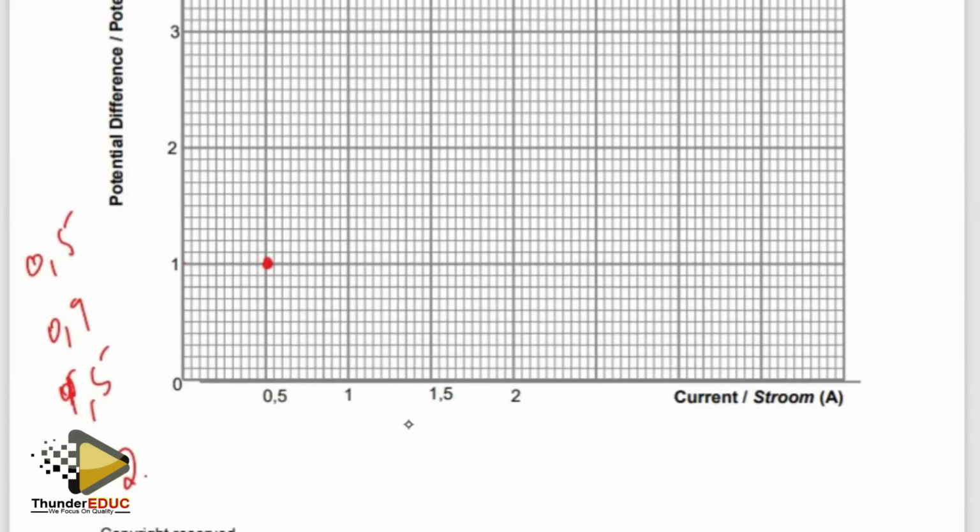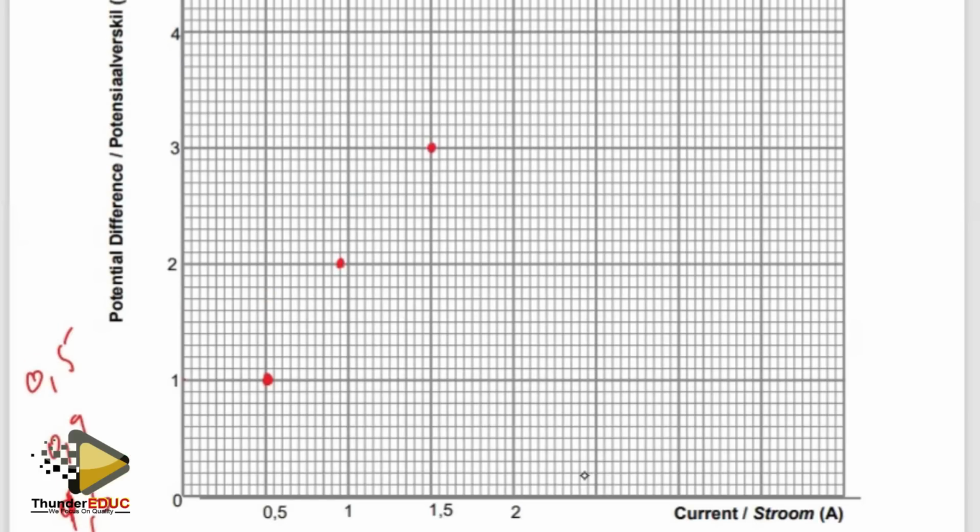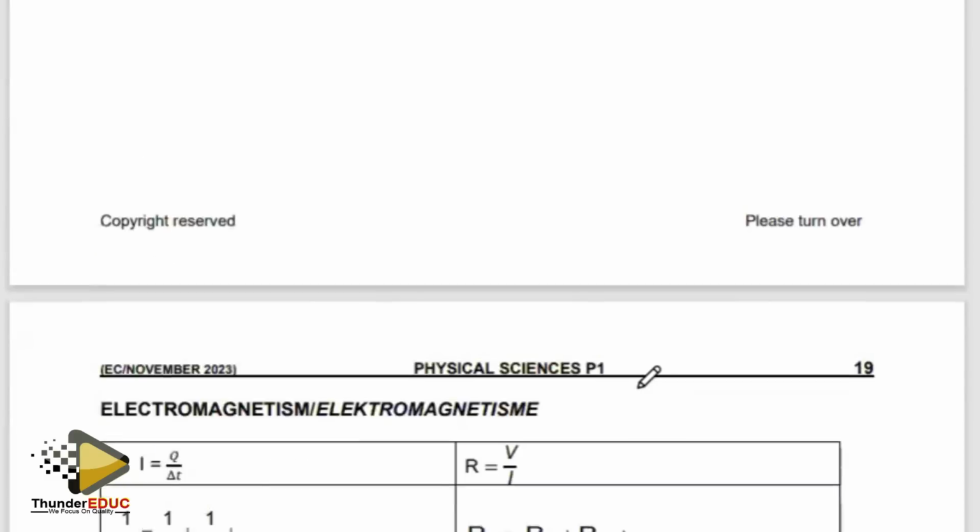When it is 2, it was a 0,9, which is somewhere there. And then 3, we saw a 1,5. And then 4, I saw a 2 that was registered. And then just connect this with your ruler. And then you have your straight line that they want. You can even extend it, there's no problem, till it meets the axis.